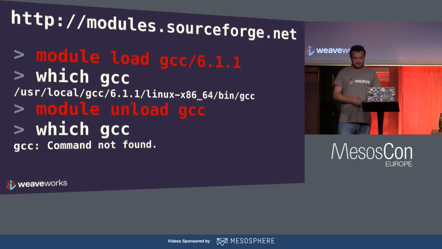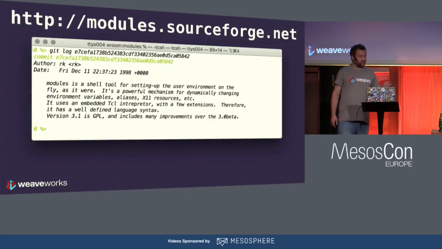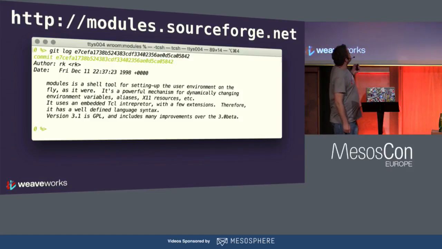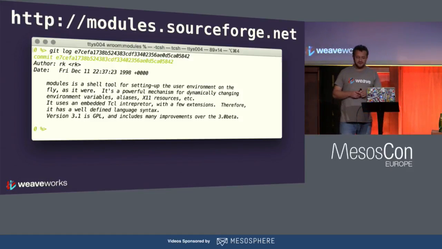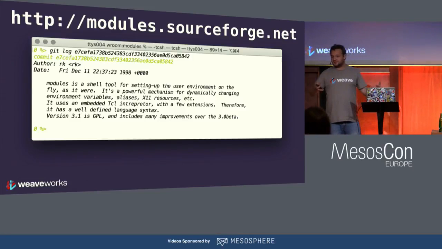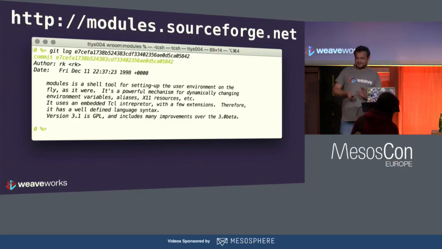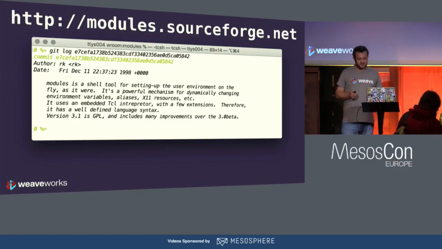As I've just double-checked before this talk, it turns out that the first release of Modules was back in 1998. It was written in Tcl, and I never actually used it. I was aware of it. I thought it'd be something I could use if I had to manage more versions of GCC for more people, but for myself, I was just about managing.